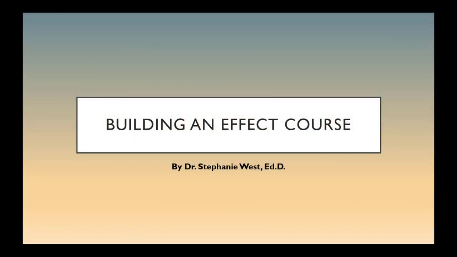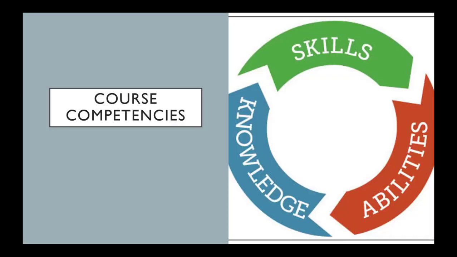Building an effective course is the most foundational part of building a good, effective course in anything: reading, writing, math, social studies, any college course. You have to start with the course competencies. Now, these course competencies for us at the college and university levels, they can be found in the course catalogs.